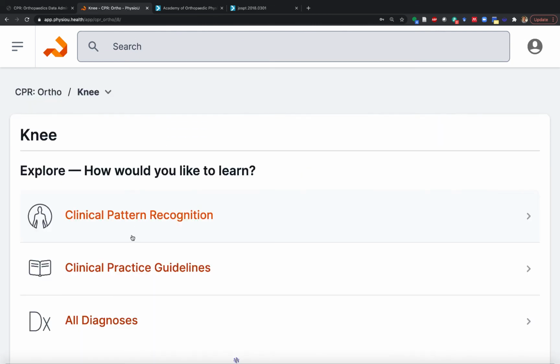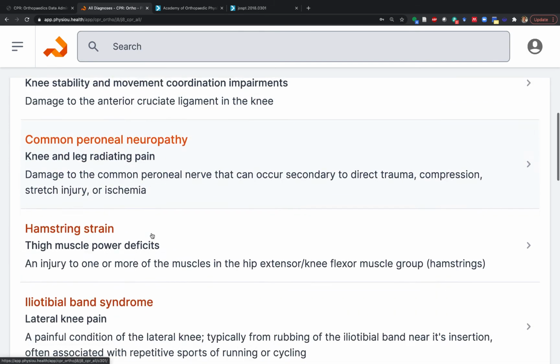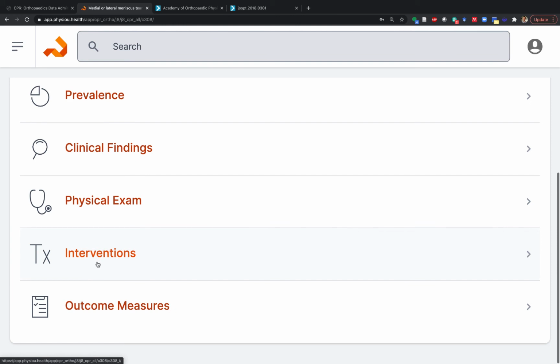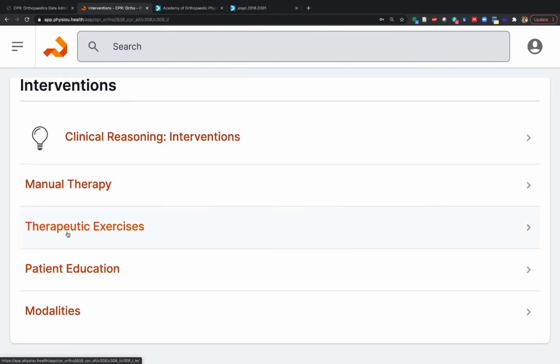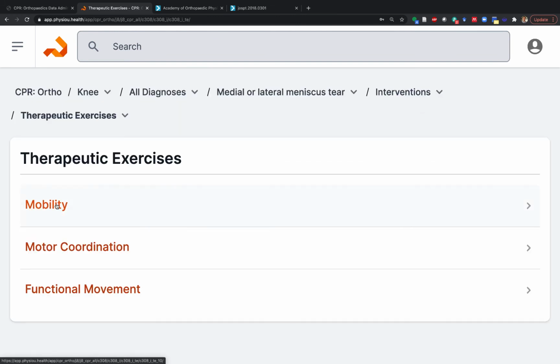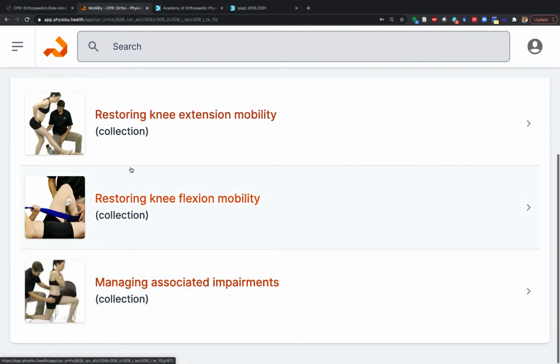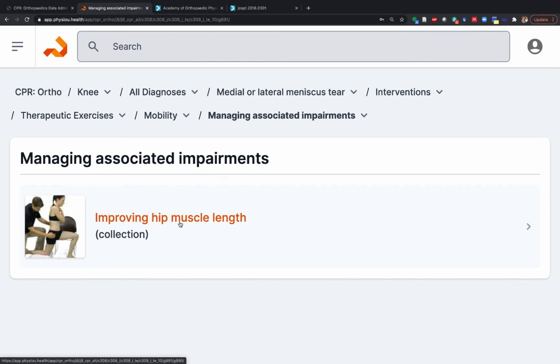So I'm back to knee, all diagnosis, medial meniscal tear, interventions, and eventually we go into therapeutic exercises where we talk about things that you would do to restore mobility. Here are your common therapeutic exercises. Here are some common things you would do to manage the weakness at the hips or manage the shortness of the muscles at the hips. Okay, this is under mobility, of course.